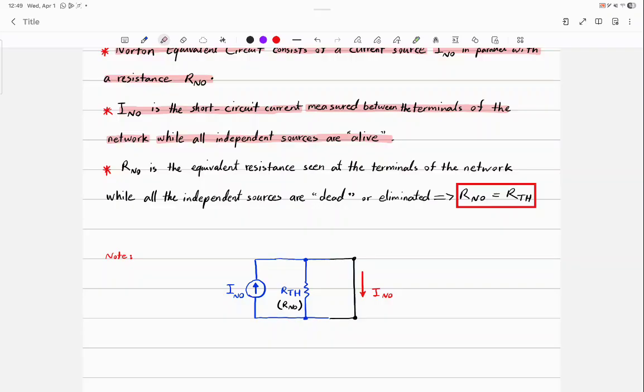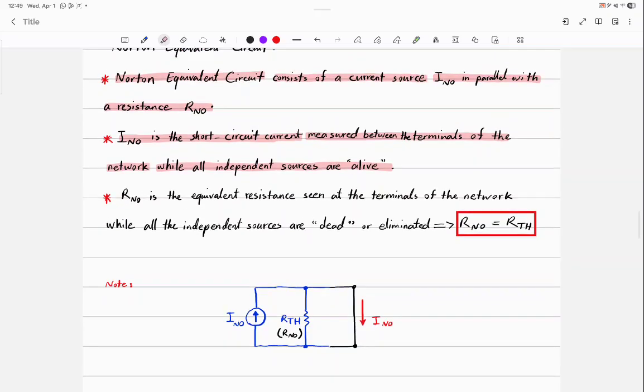For the possible conceptual question on the test, if you put R_TH or R_N, given that it's in parallel, does it matter which of the two? No, it doesn't matter. The only thing that matters is that it should be a current source and it should be parallel. They might even call it equivalent resistance. They are the same thing.